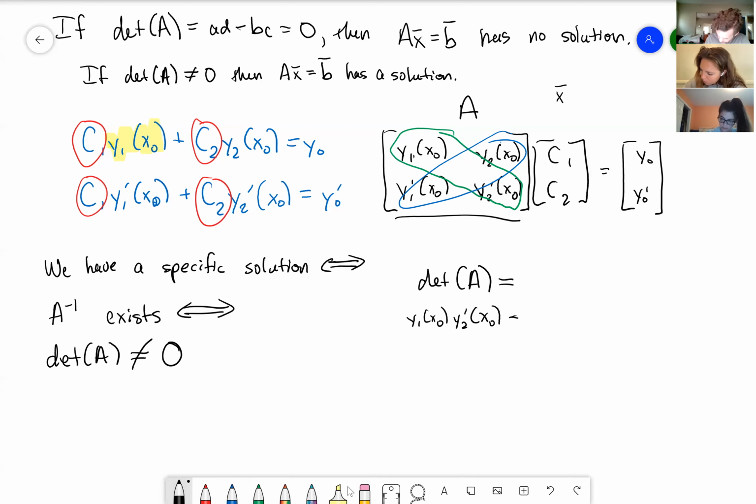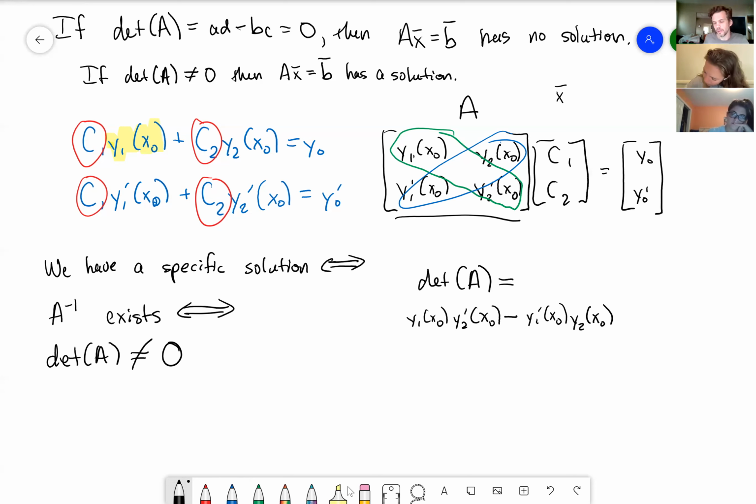You remember from the 3x3 matrix, we had that alternating sign rule. That's where this minus is coming from: y1 prime of x0 times y2 of x0.